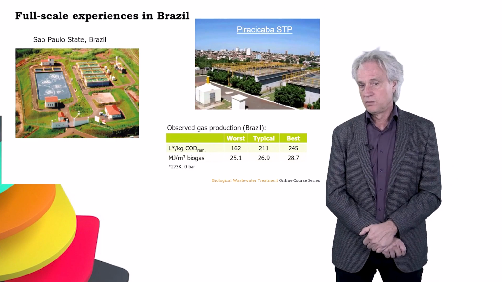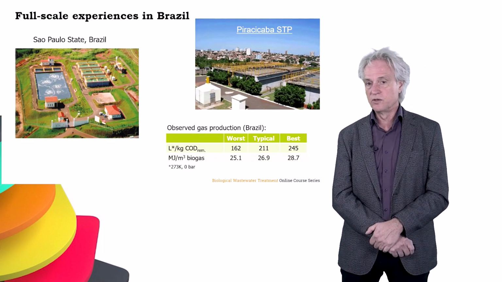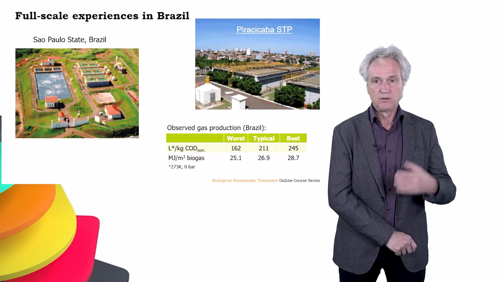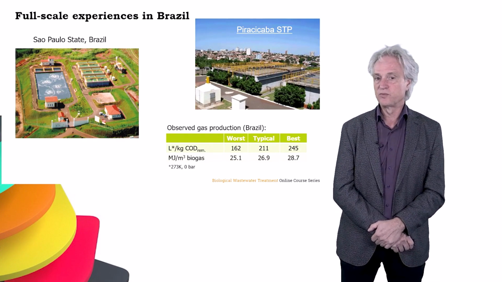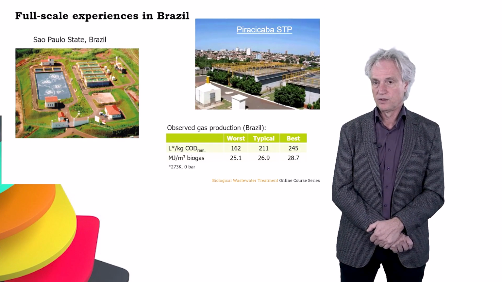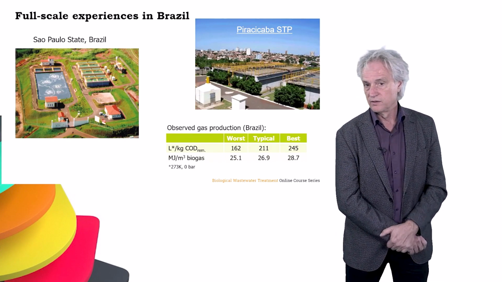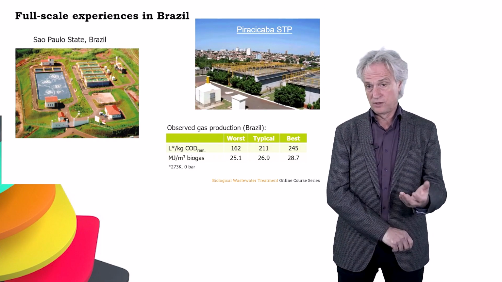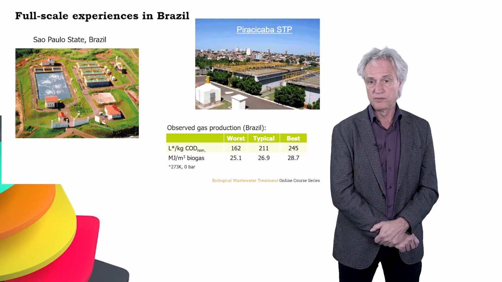The typical methane production observed in Brazil is something like 210 liters per kilogram COD removed, while the best scenario reaches almost 250 liters per kilogram COD removed. Once more, the rest of the COD is removed via the sludge. And in energy terms, the scenarios range between 25 megajoule per cubic meter to 29 megajoule per cubic meter.